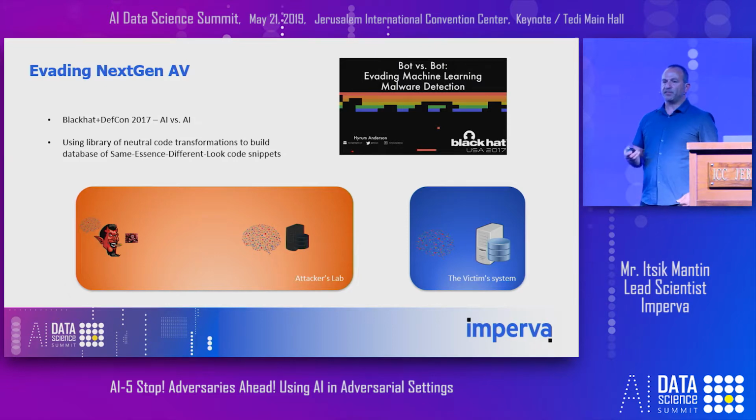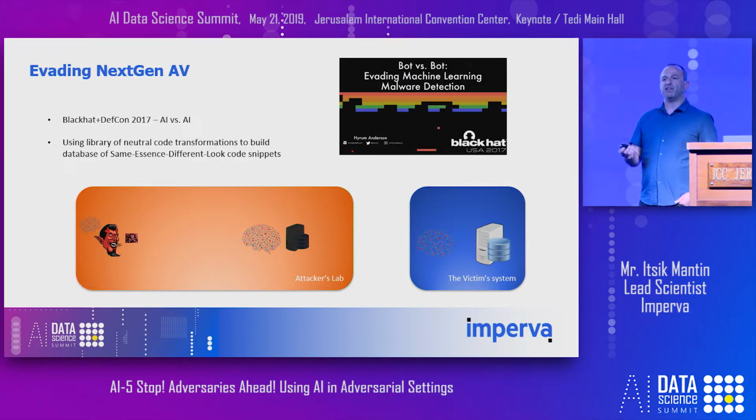And then once they had this database of same essence, different look code snippets, they relied on the assumption that this AI has some success rate. Maybe one time in 100 million it will fail, and the rest it will succeed.